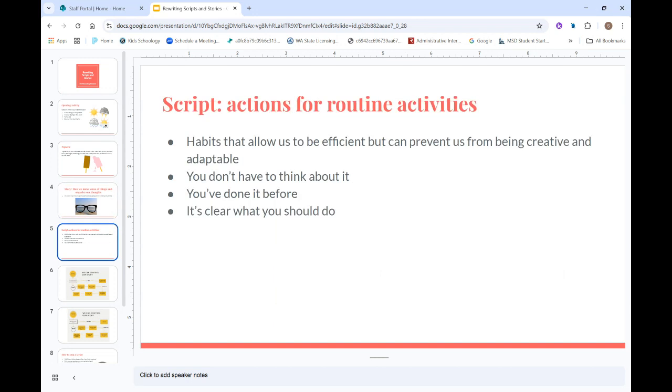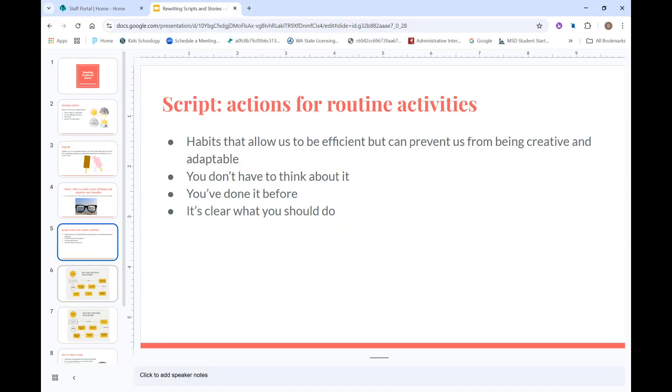And script is actions for routine activities, like habits. Script occurs because of our story, because script is based on our story. It's automatic, not something you even have to think about. It's based on our beliefs, so we just go directly to it.